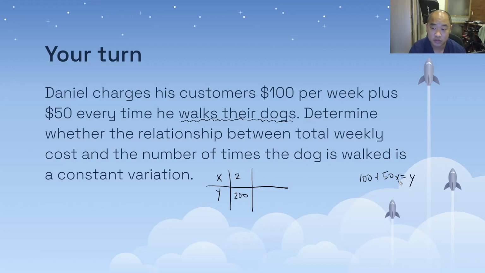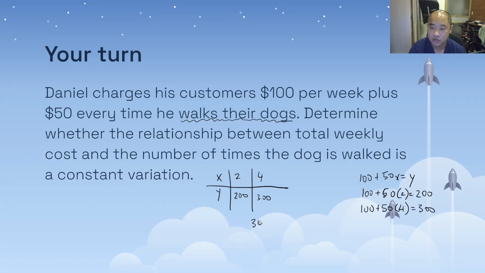So if I put 2 into x, 2 times 50 is 100. So let me just write that on here actually, just so that everyone is clear on what's happening. Now this is 200, right? And let's put in 4. So 50 times 4 is 200, plus 100 is 300.